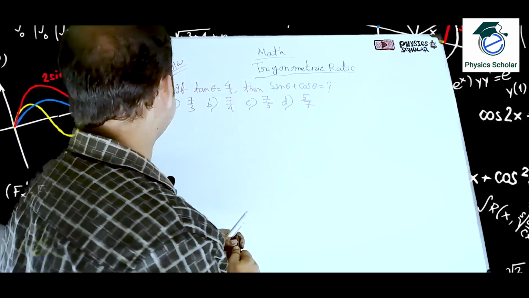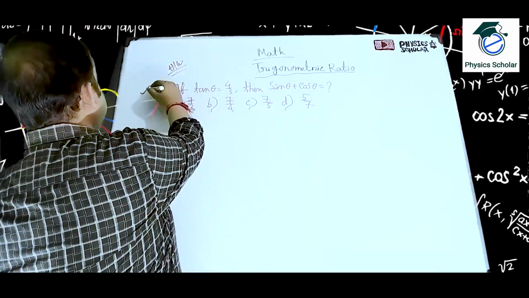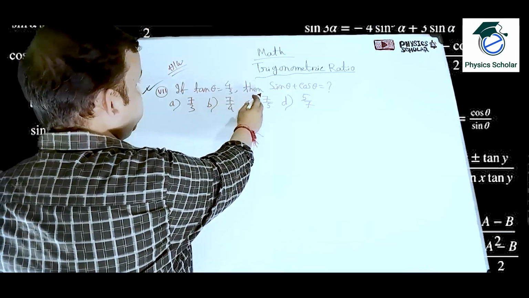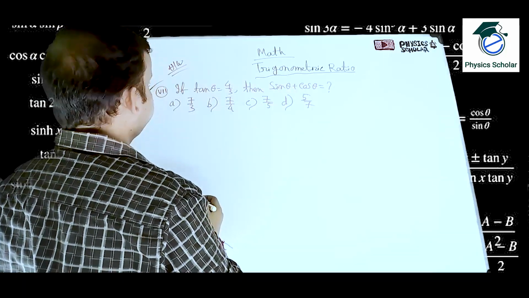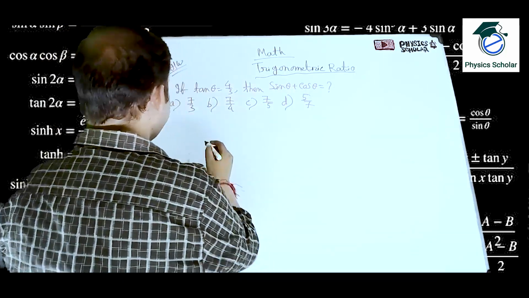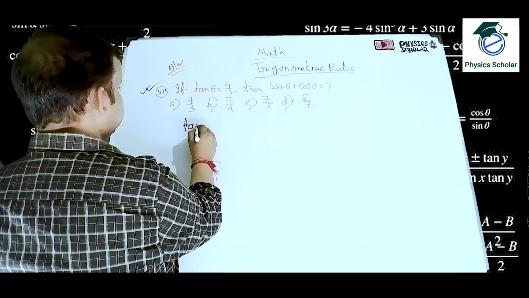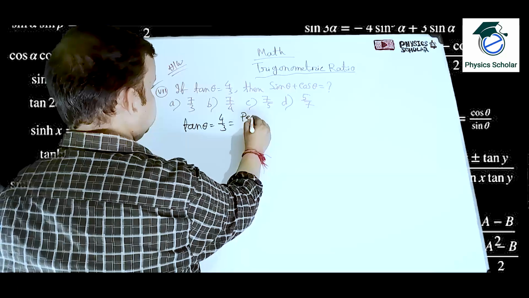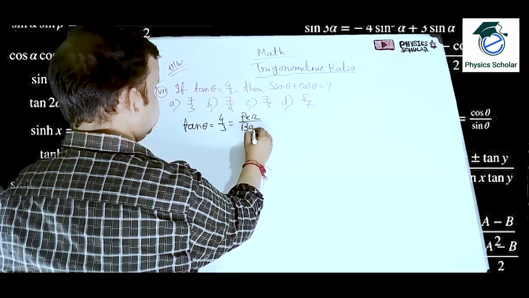So students, here it is sum number 7 as your homework. It was given, tan theta is equal to 4/3. We have to find out the value of sin theta plus cos theta. So very easy. So tan theta is equal to 4/3 is equal to what? Perpendicular by base.